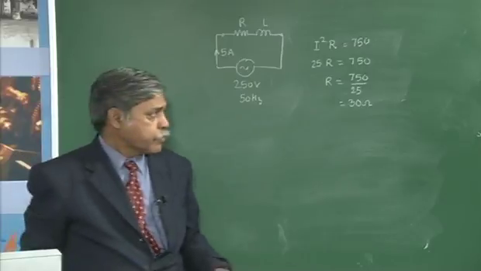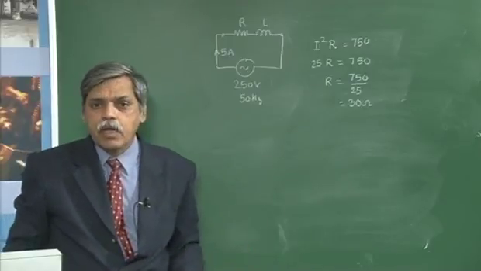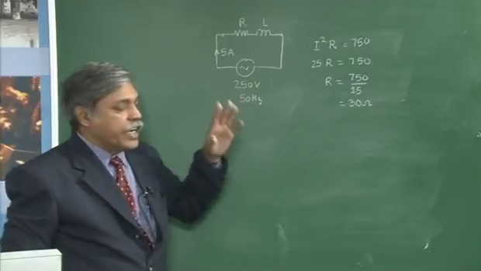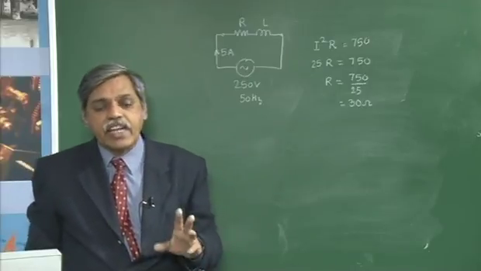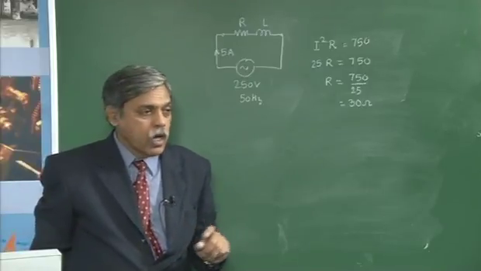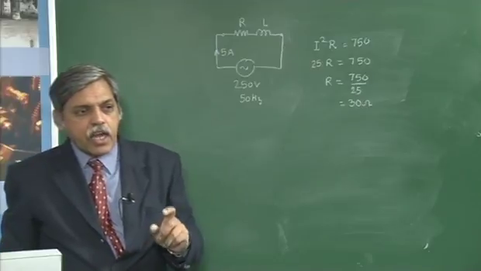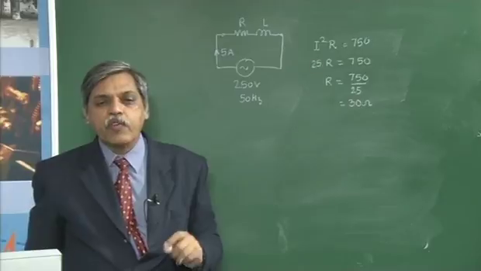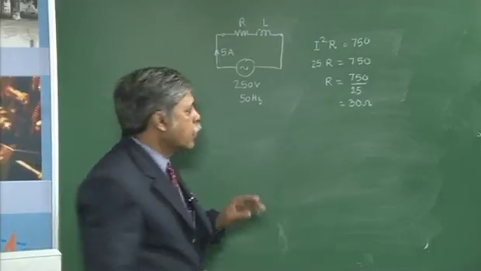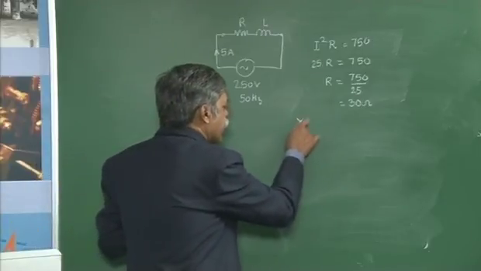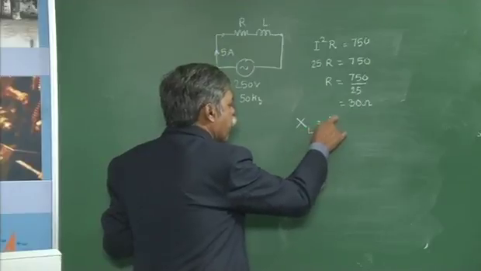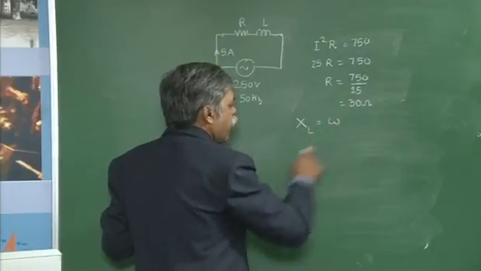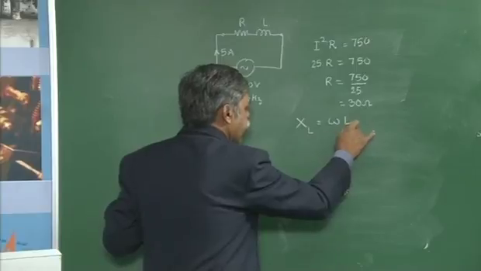R is 30. Then what is the inductive reactance, or what is the inductance of the coil? This inductive reactance involves two parameters, the inductance as well as the frequency of the system. So the inductive reactance XL is the product of angular frequency omega and the inductance.